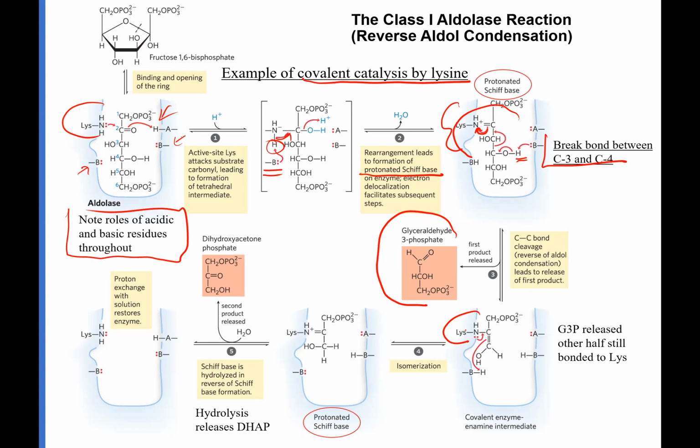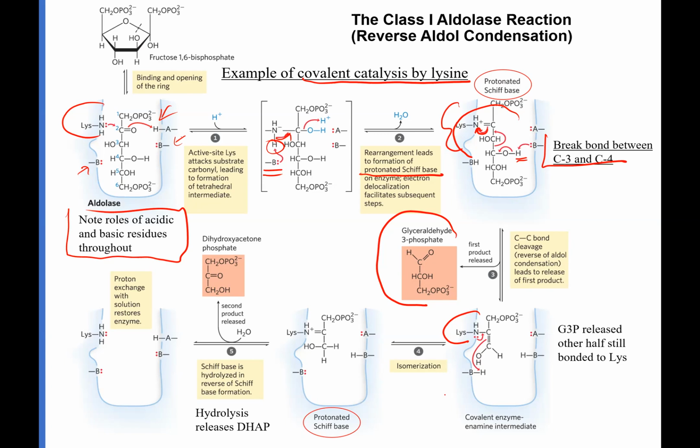So we still have the other half. G3P has been released, but we still have the other half of what was previously fructose 1,6-bisphosphate. We still have the other half covalently attached in the active site of our enzyme.